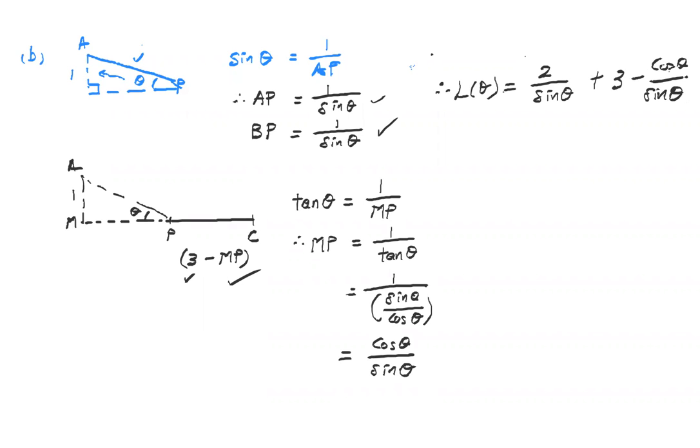So you will have 3 plus, since both at the bottom is sin theta, I can combine 2 minus cos theta over sin theta. Got it?